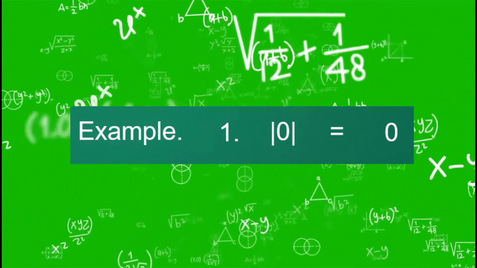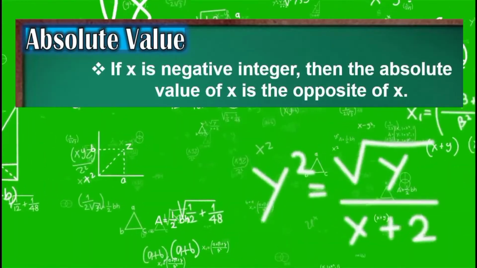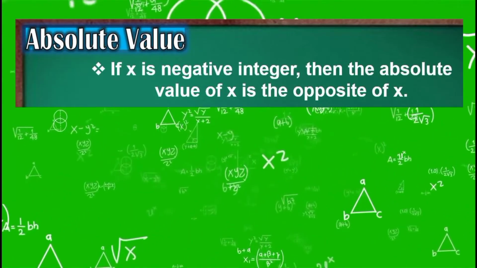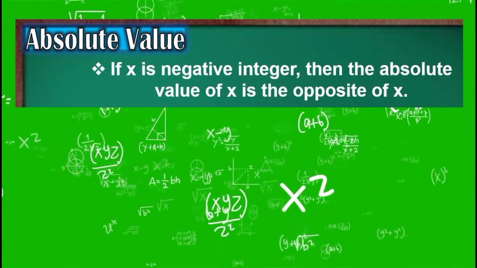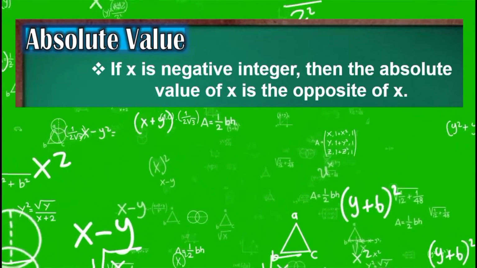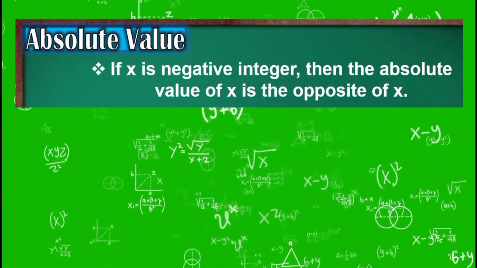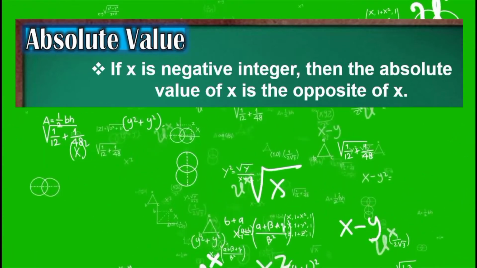Now, let us study the third rule. If x is a negative integer, then the absolute value of x is the opposite of x, so that the absolute value of negative x is positive x.